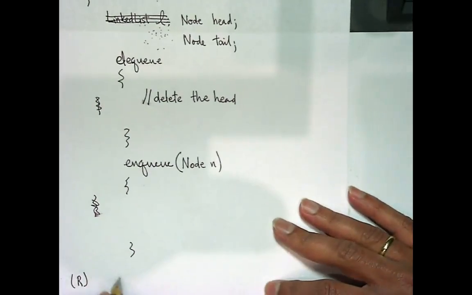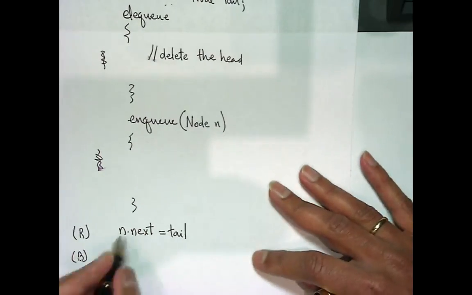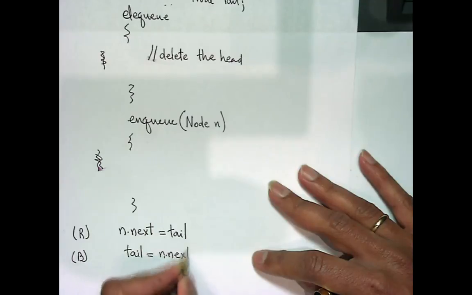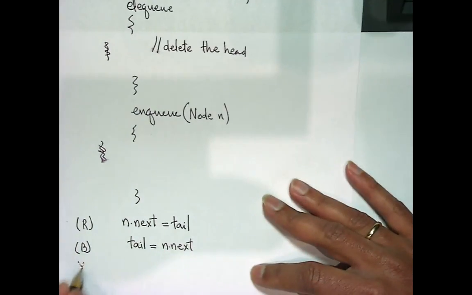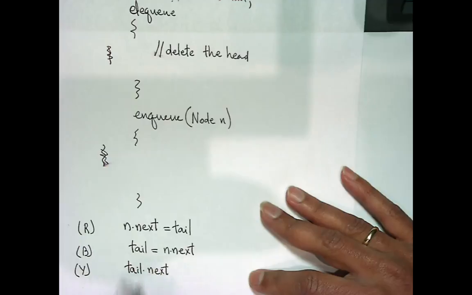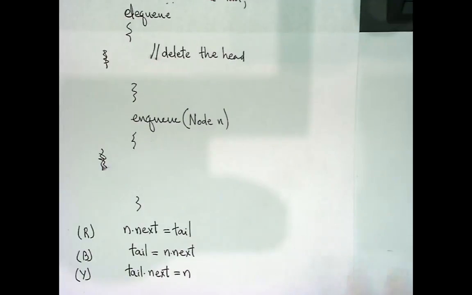Are you going to say that n dot next equals tail? Will you say tail is equal to n dot next? Or will you say tail dot next equals n? This isn't actually entirely correct. There's something more you have to do. But you need to do one of these.